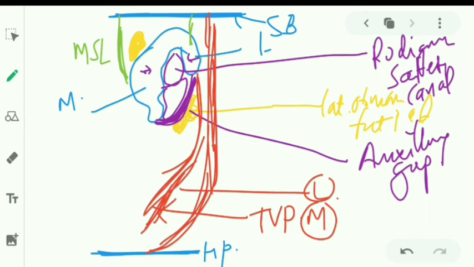Below the membranous part of the Eustachian tube, there is the levator veli palatini muscle.